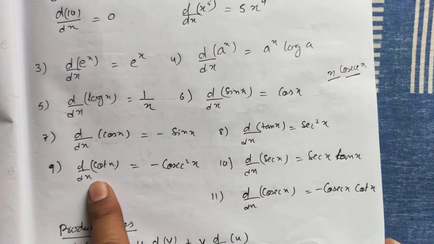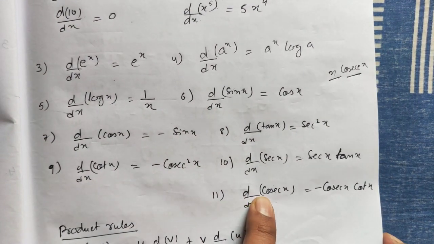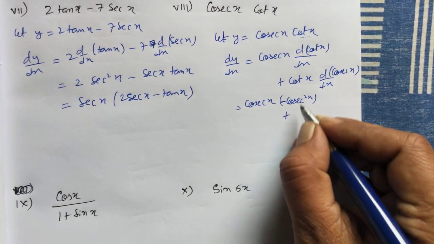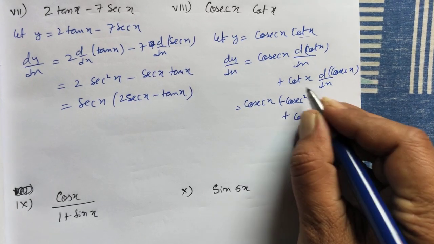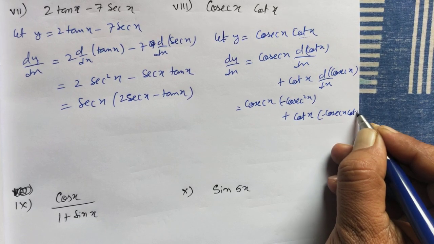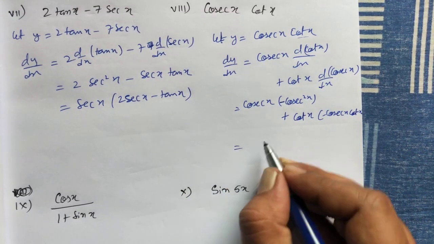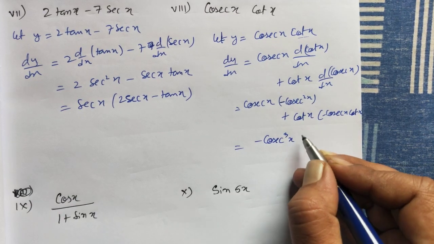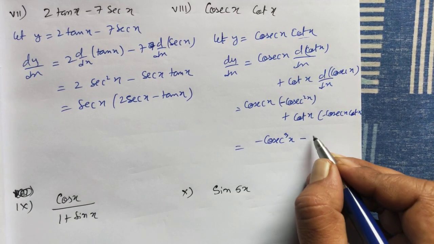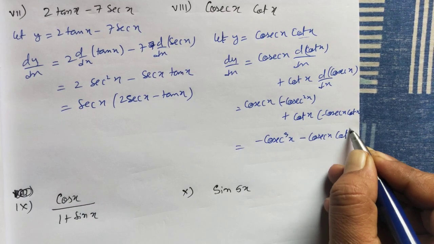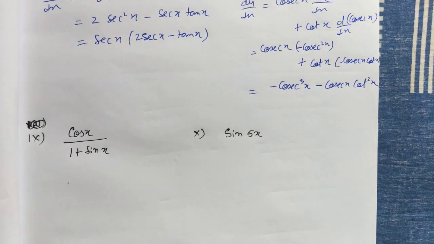Derivation of cot x is minus cosec square x, and of cosec x is minus cosec x cot x. So plus, I'll write cot x and we'll write minus cosec x cot x. So this will be minus cosec cube x minus cosec x and cot square x. This is your answer.